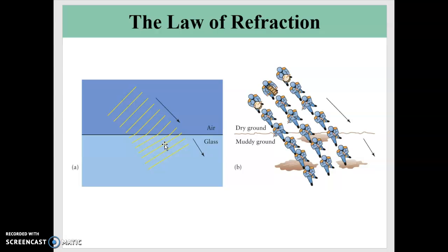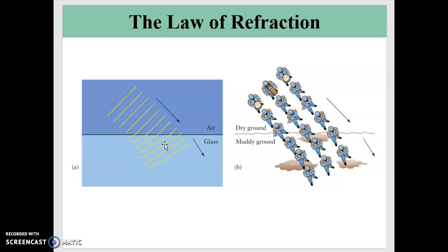But it is dependent on the frequency of the wave, and the frequency cannot change if energy is to be conserved. If the energy were not constant crossing the boundary, then energy would be piling up somewhere or being lost. But that doesn't happen. And so the frequency has to stay the same.